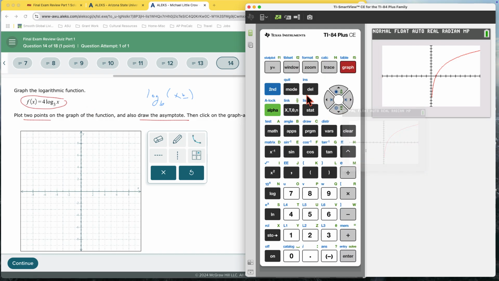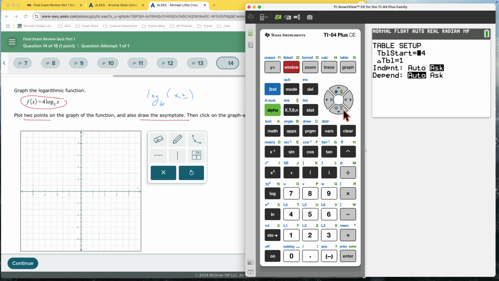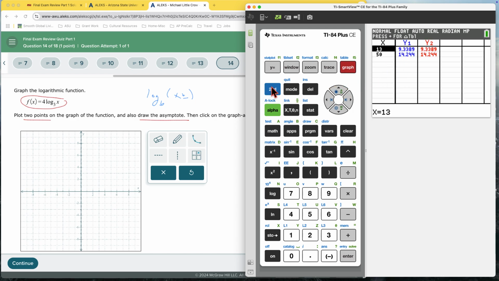Another way to verify that is if we go to the table, table set. I've got it on ask. I want it back on auto from an earlier one that we did. Let's start at -4. You'll see that those are undefined. Oops, what did I do?